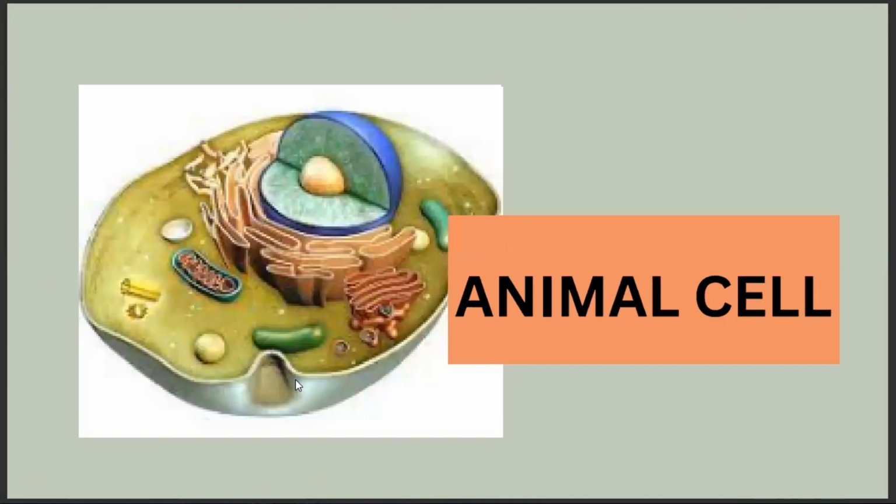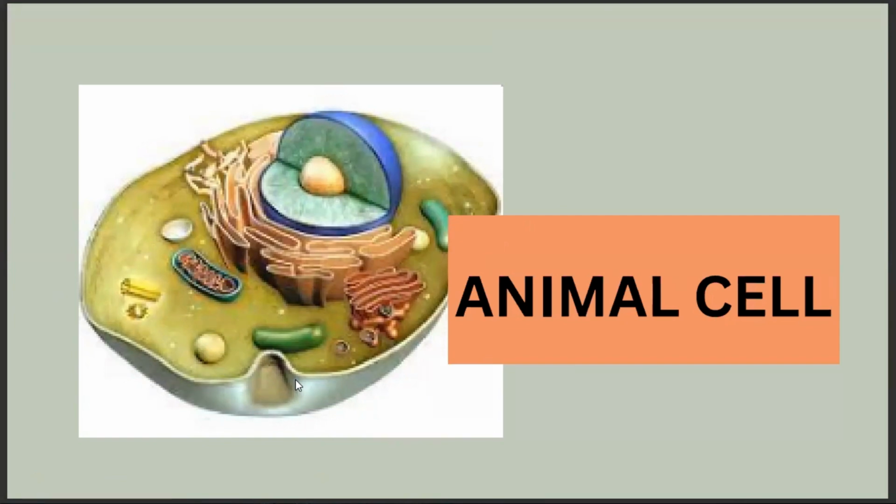This is a magnified three-dimensional picture of the animal cell. So far in the junior classes, class 5, 6, 7, we have seen a very simple diagram of the animal cell. But usually these type of the easy diagrams you will not find in the O-level question papers.